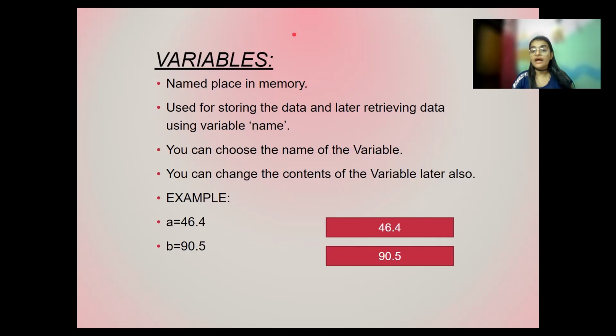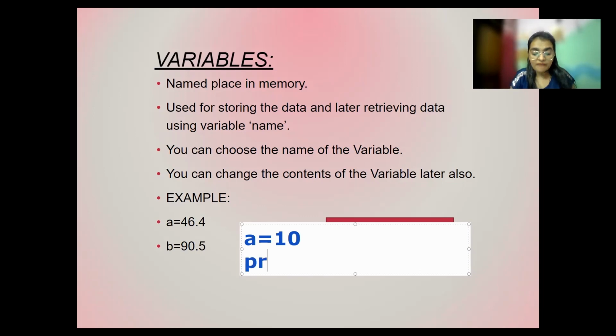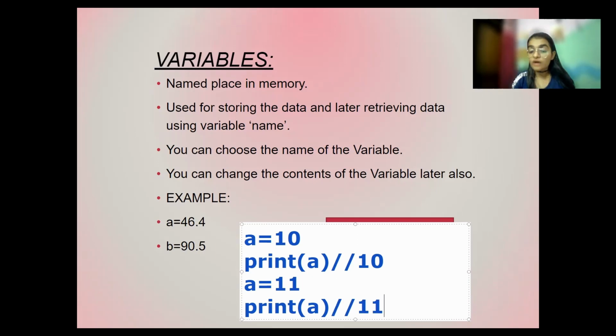Suppose I give a equal to 10 and then print a, it will give me the output 10. In the next step, I give a equal to 11 and print a again, and it will give us the output 11.